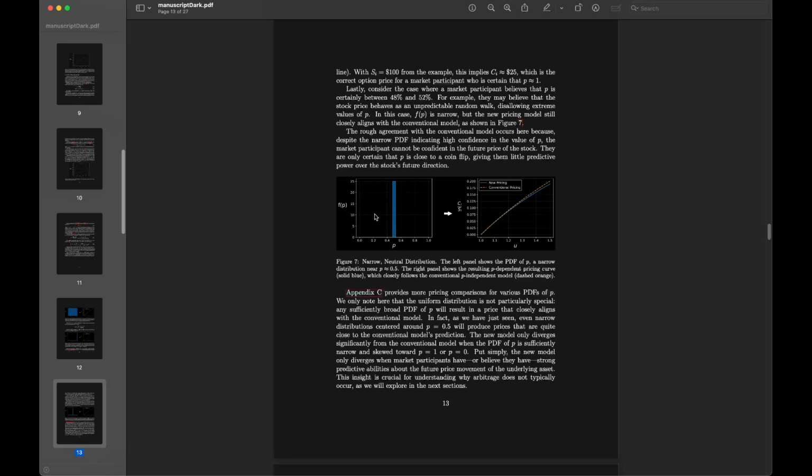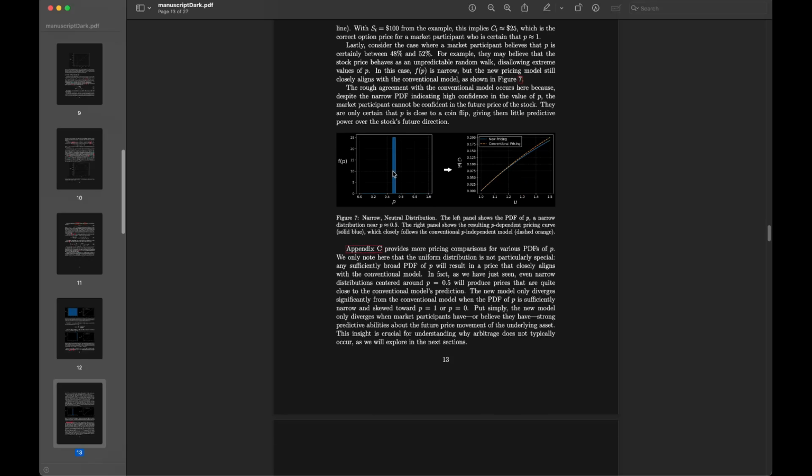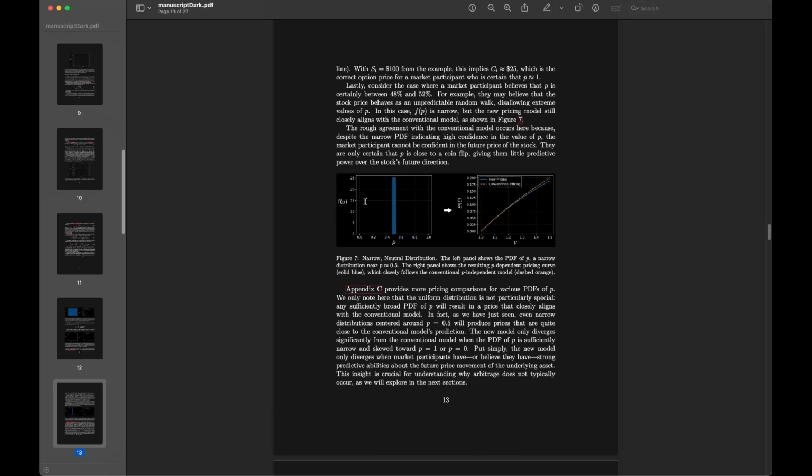But with the call option, there's not much downside, so you're not cutting off as much downside as you are cutting off the upside potential. So my new model will price it slightly less than the old model, because the narrowing of the distribution from a uniform asymmetrically cuts off more upside than downside, simply because a call option starts with not that much downside to begin with.